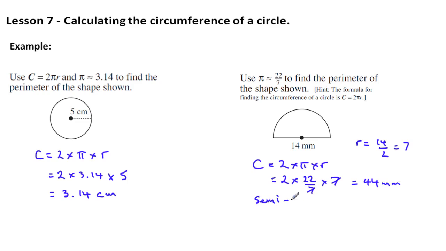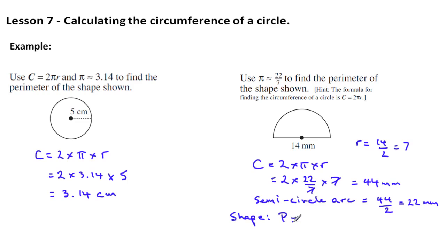So the semicircle arc, which is this distance around here, is equal to 44 divided by 2, which is equal to 22 millimeters. Alright, so that's the part that we're going to use. So the perimeter for the full shape will be equal to this.